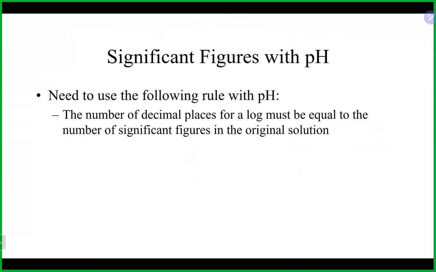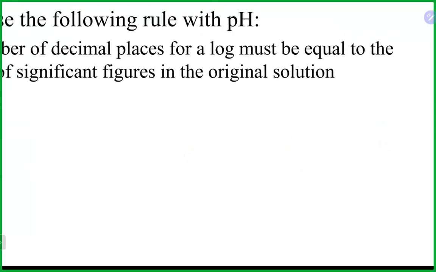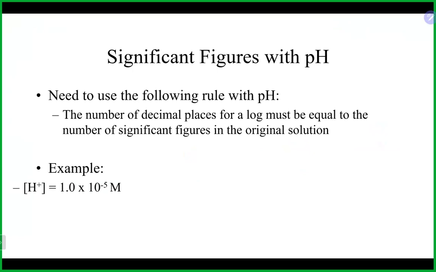Now I'll talk a little bit about significant figures and pH. The rule for significant figures and pH is this. The number of decimal places you should have in your pH answer should be equal to the number of significant figures in the concentration that you're using.